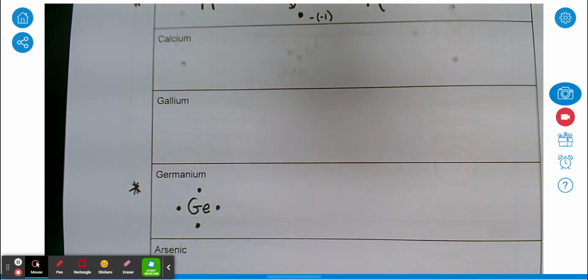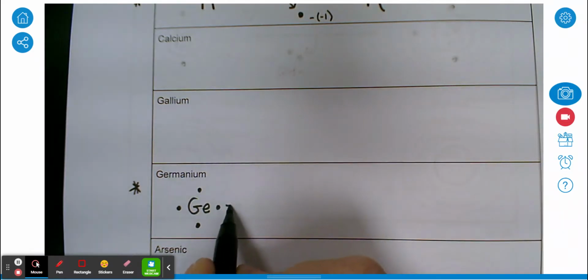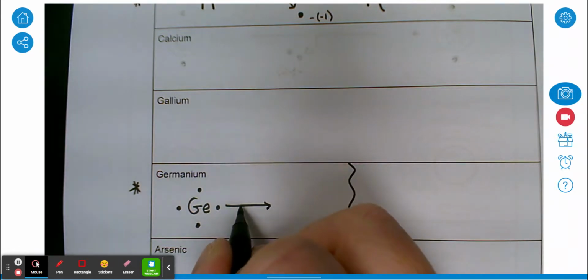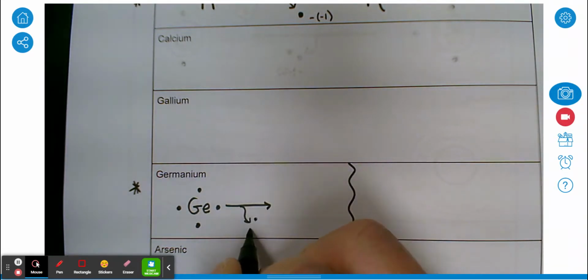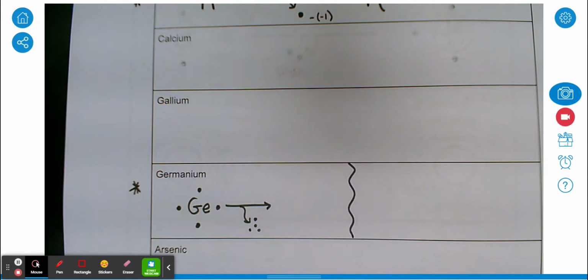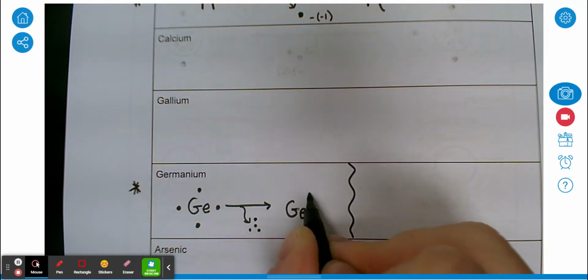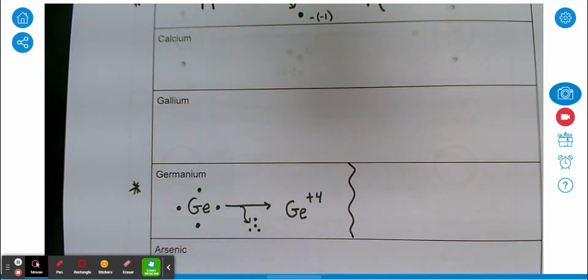I don't care which you pick, but your arrow and your change has to match your product. I'm going to go ahead and show both, just so we have an example of a plus and a minus ion. Now, most of you will probably pick lose because it means less work at the end. If I draw germanium losing 4 electrons, I should have a final ion charge of plus 4 because we minus 4.